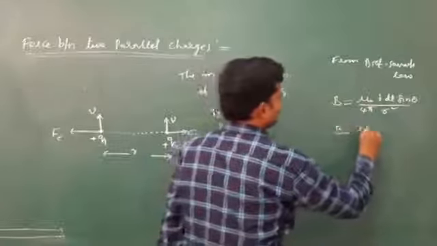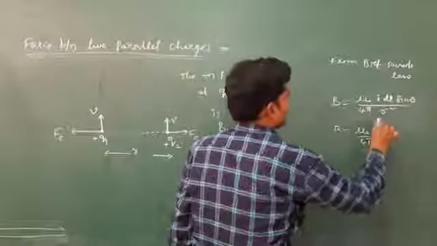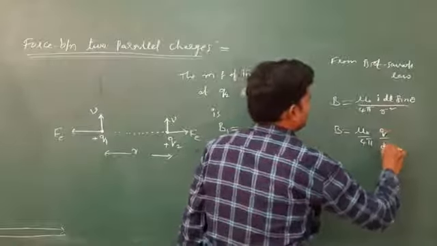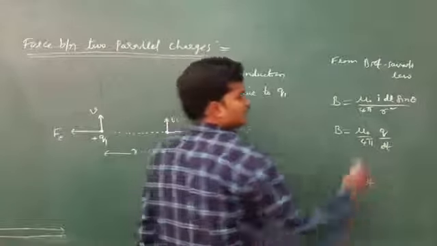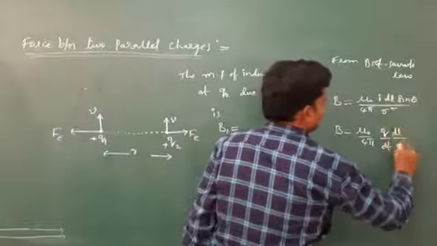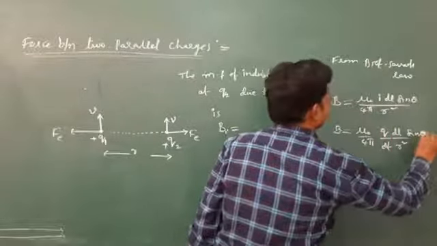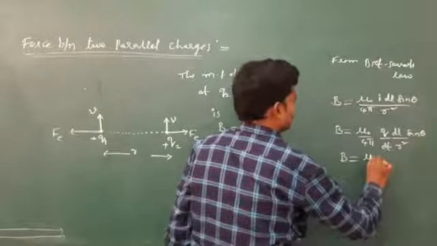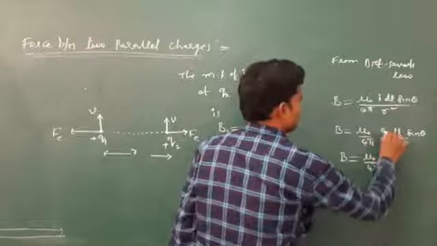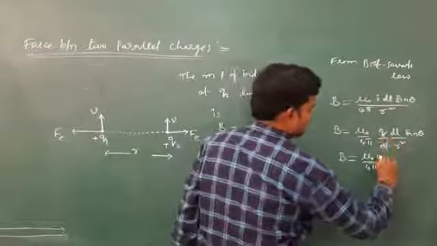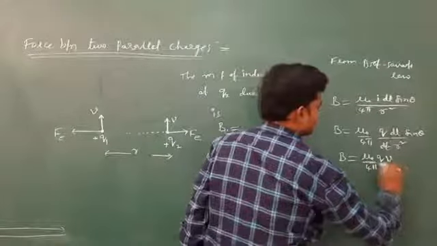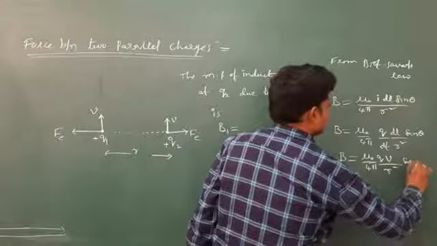So let us change this Biot-Savart's law in terms of charges. I, we can write it as Q by dt. I nothing but charge by time. dl you keep as it is, r square sine theta. So B is equal to mu naught by 4 pi. Q by dt is V. Sorry, Q you keep as it is. dl by dt is velocity, r square sine theta.